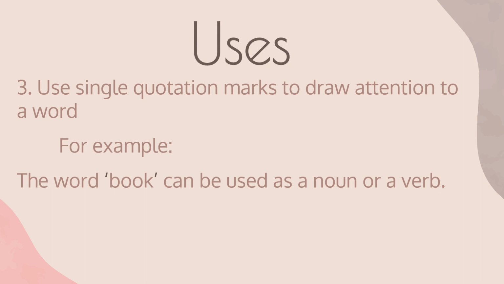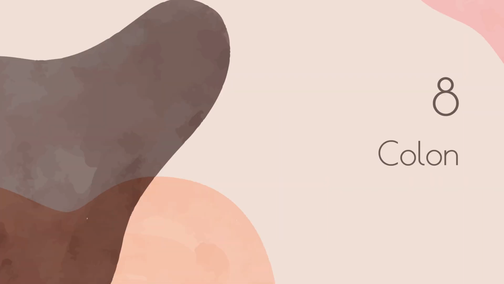So this is the difference. You use double quotation marks when you directly quote from someone, and you use single quotation marks when it is not a quote and you just want to draw attention to a certain word.